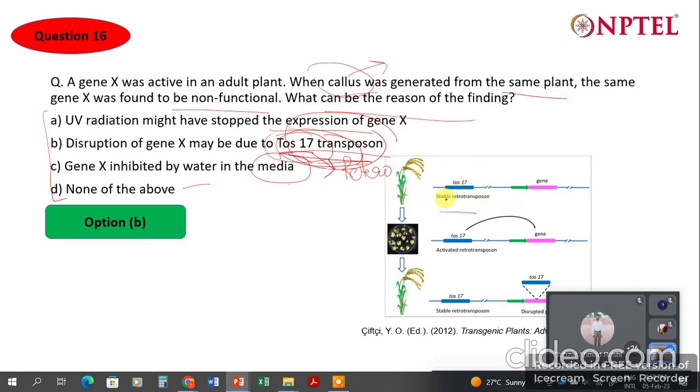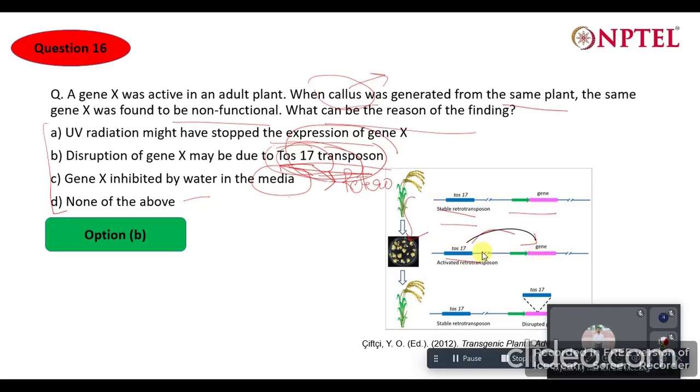So this is TOS17 and this is the gene, and if we grow this plant in plant tissue culture, this transposon becomes active. And when we grow a plant from this developed culture, we see that the gene is not being expressed because it has been disrupted by the TOS17 transposon.